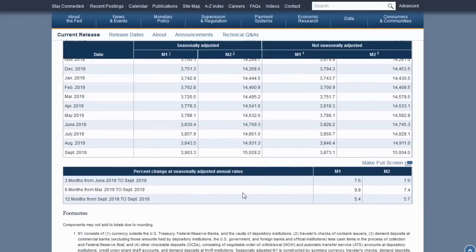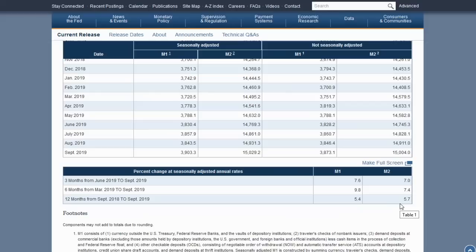Another way to see how these numbers are aggregated here is the percent change at seasonally adjusted annual rates. In other words, you adjust for the seasons that you see in the printing of the money supply here. It's a statistical measure. So if we see that for the 12-month period from September 2008 to September 2009, we have a 5.4%, 5.7% increase in the M2 money supply.